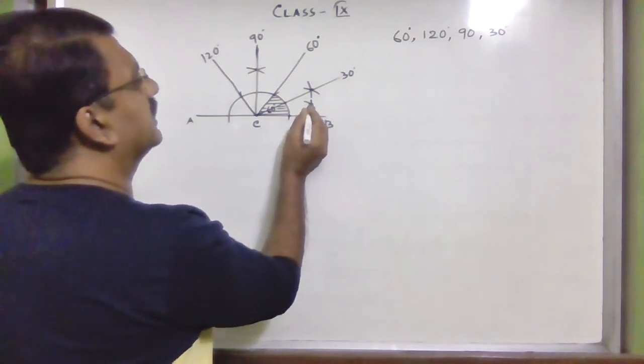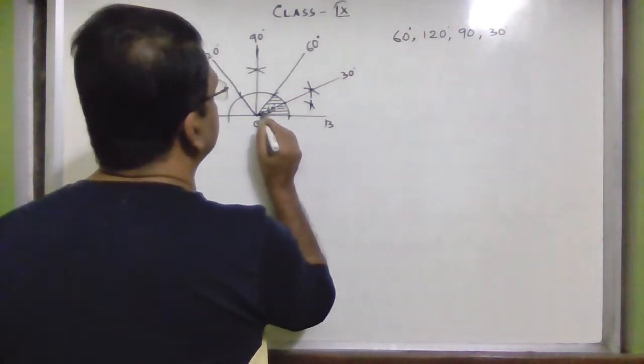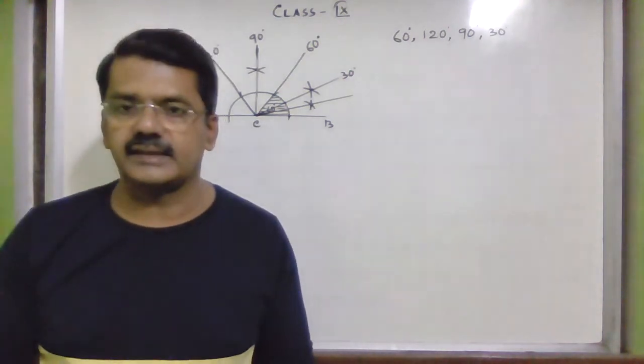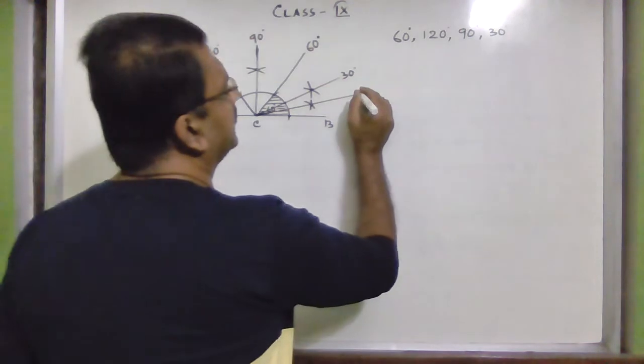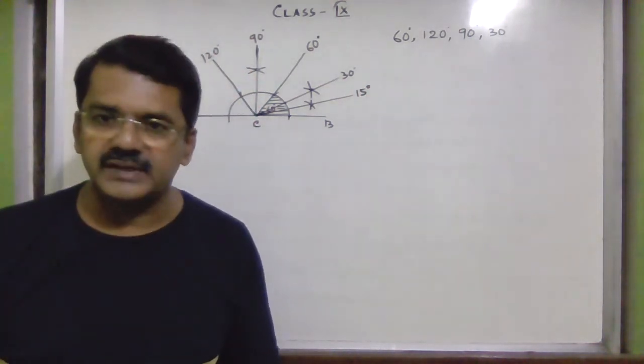The two arcs cut each other at this point. You join that point with point C. So once again we have bisected angle 30, and when you bisect angle 30 you will get 15 degrees. So this is angle 15 degrees.